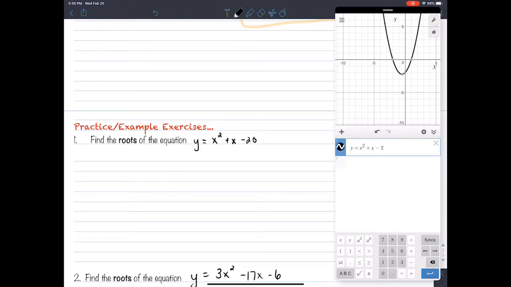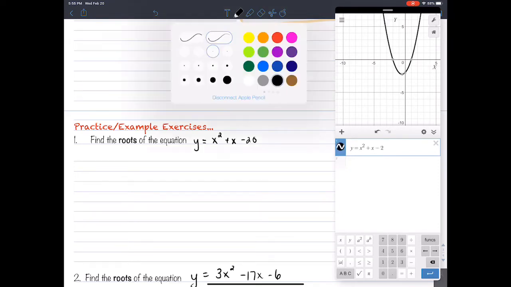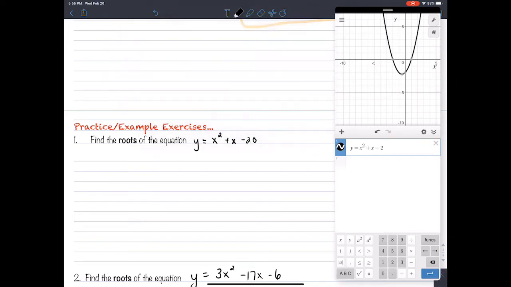We want to know what the roots are. Just remember that the word roots is a synonym for the x-intercepts, and we know that the x-intercepts have a y value of 0.